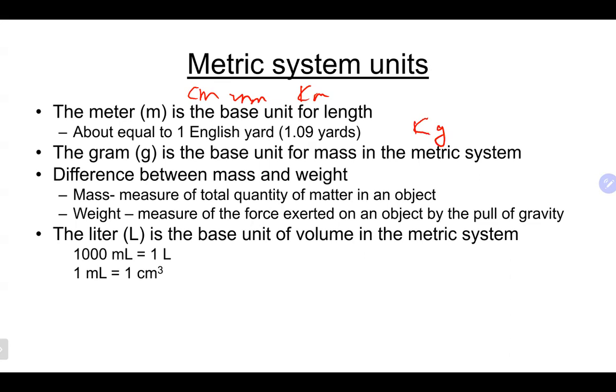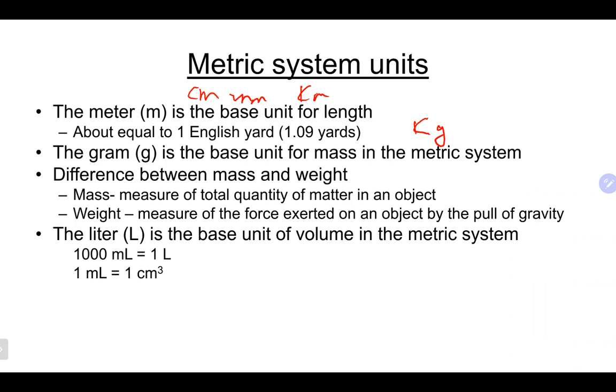Now, there is a difference when we talk about mass and the term weight, and sometimes they are kind of used interchangeably. When we talk about weight, it actually does take into account the force of gravity. So for example, if we weigh ourselves here, and we go to the moon to weigh ourselves, you will weigh differently because there's a different force of gravity here than on the moon.